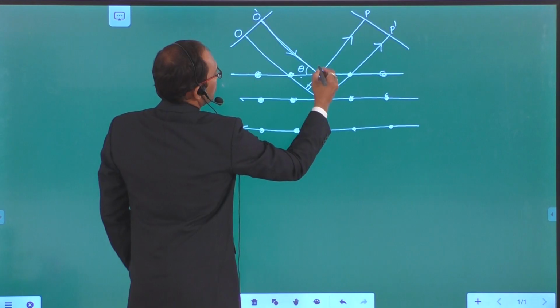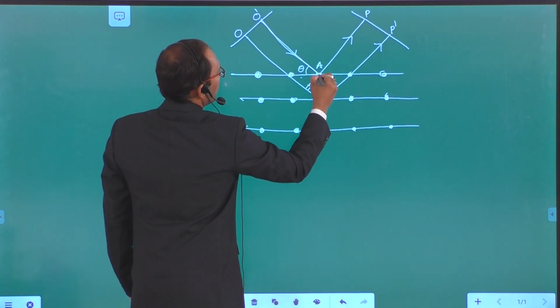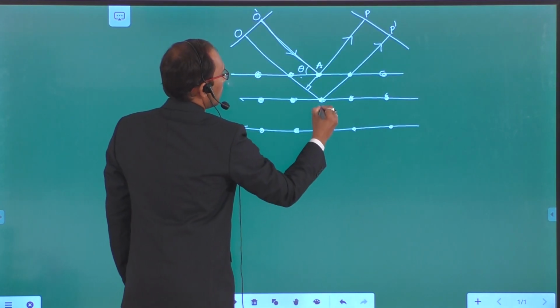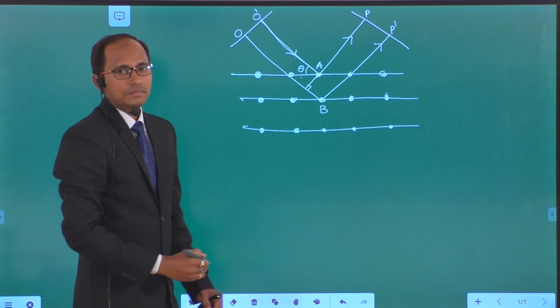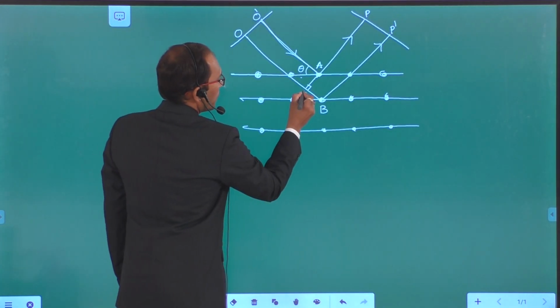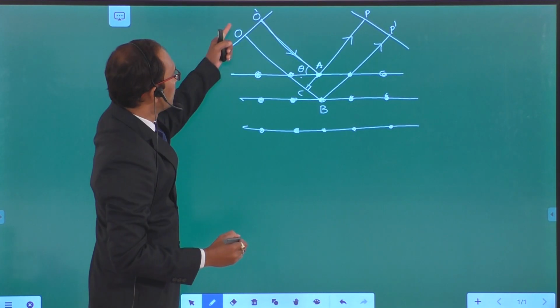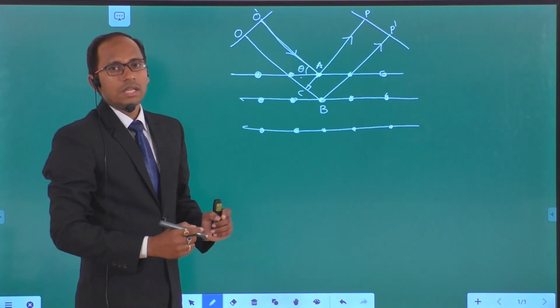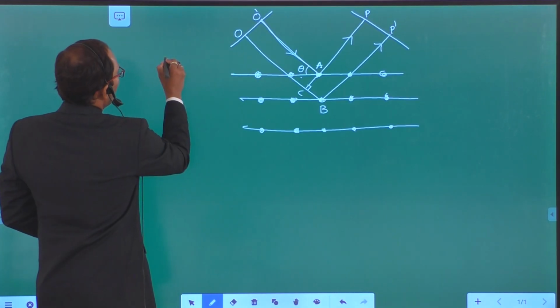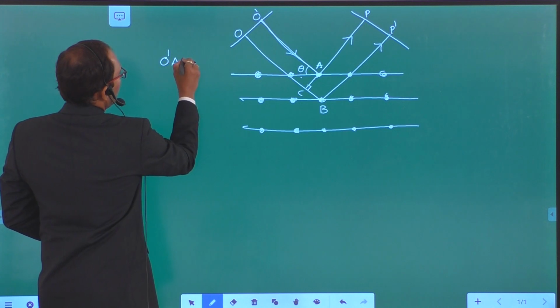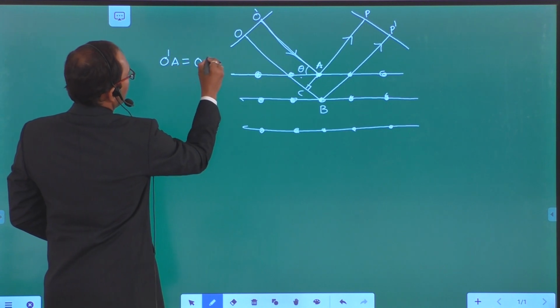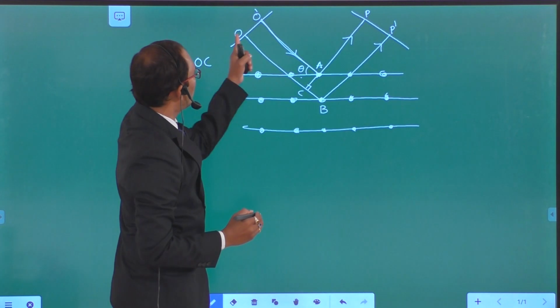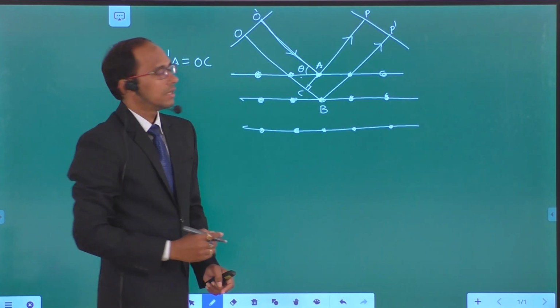It is incident on a point A, and this is point B. Whatever the normal, if I say it is C, then from this geometry we can understand that O dash A is equivalent to OC. This length is equivalent to this length.